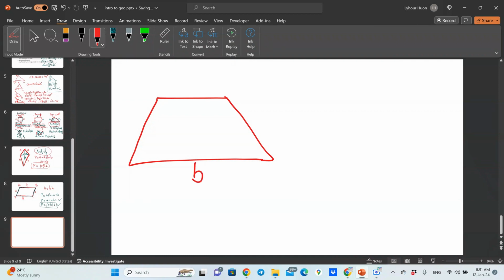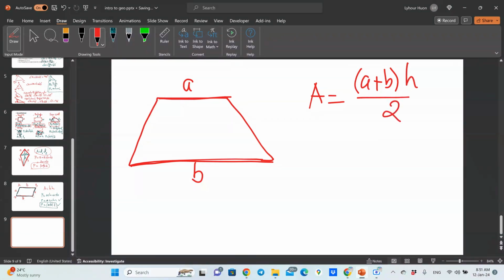We have the bigger base and the smaller base, so we denote them as B and A. To find the area, it is the smaller base plus the bigger base, times the height, divided by 2.